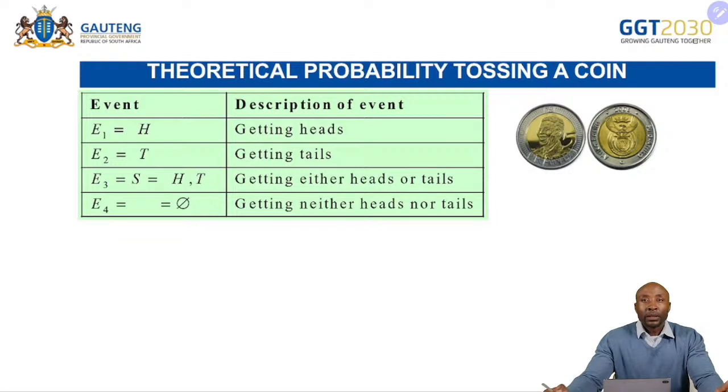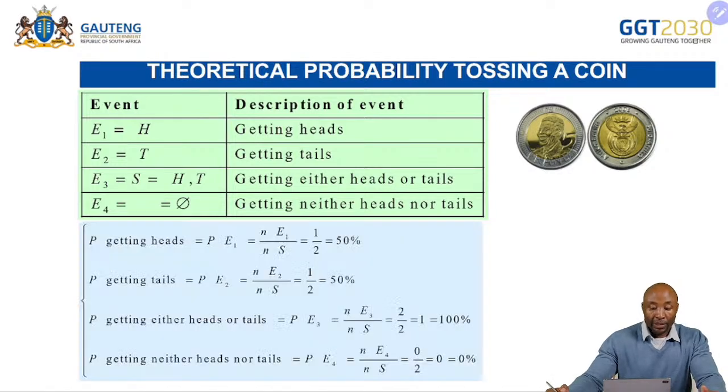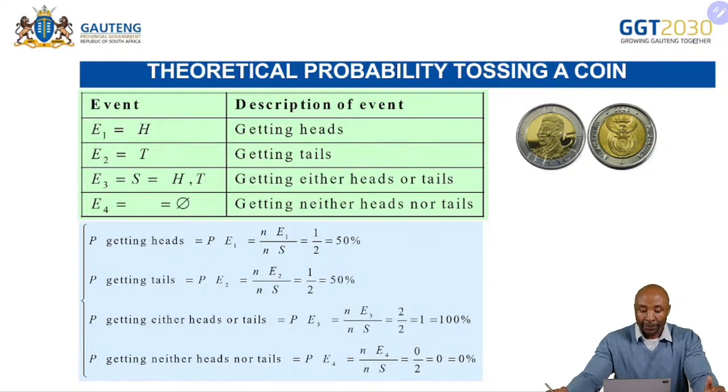E2 is the event of obtaining tails. And then E3, we are saying it's getting either head or tails. E4 is getting neither of those, which is impossible. If you toss, a coin has to land. It will never land on its edge. It has to fall on one side.